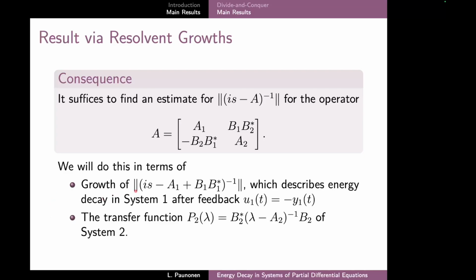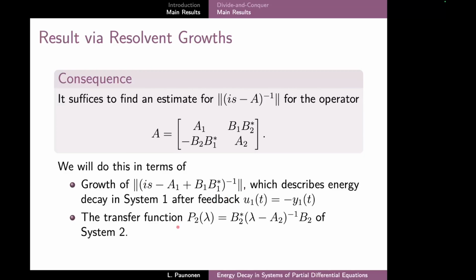From system 1, we will use the information about the resolvent of A1 minus B1 star, because this is in fact exactly the system operator we get when we apply the negative feedback to system 1. And because of our previous result, this resolvent norm describes the decay of energy in system 1.